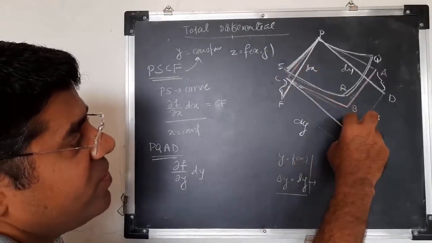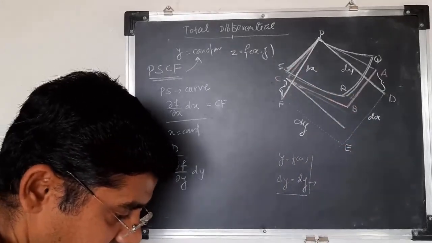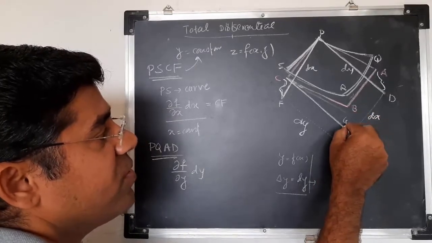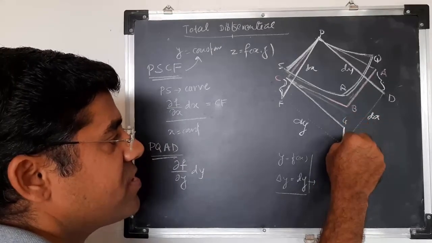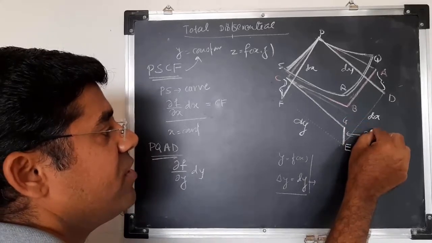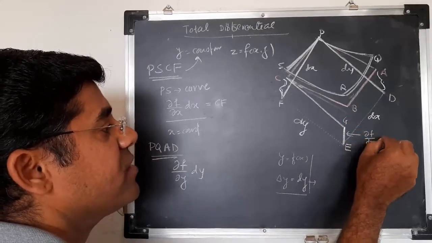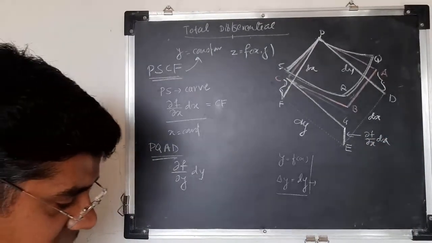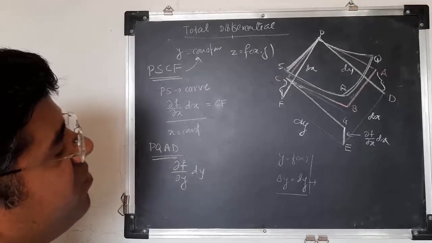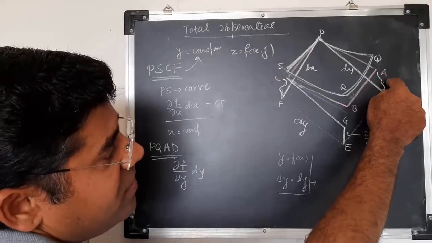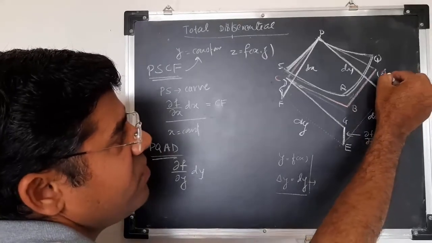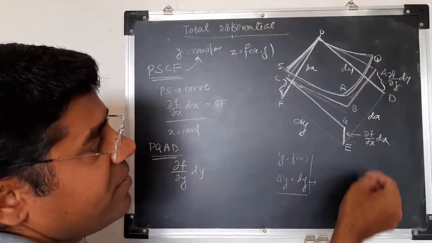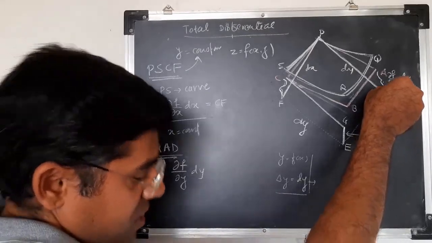CF is equal to, suppose I represent it over here, that is my point G. So this distance is nothing but delta f by delta x into your dx. Now the change in y is here, so this represents delta f by delta y into your dy.